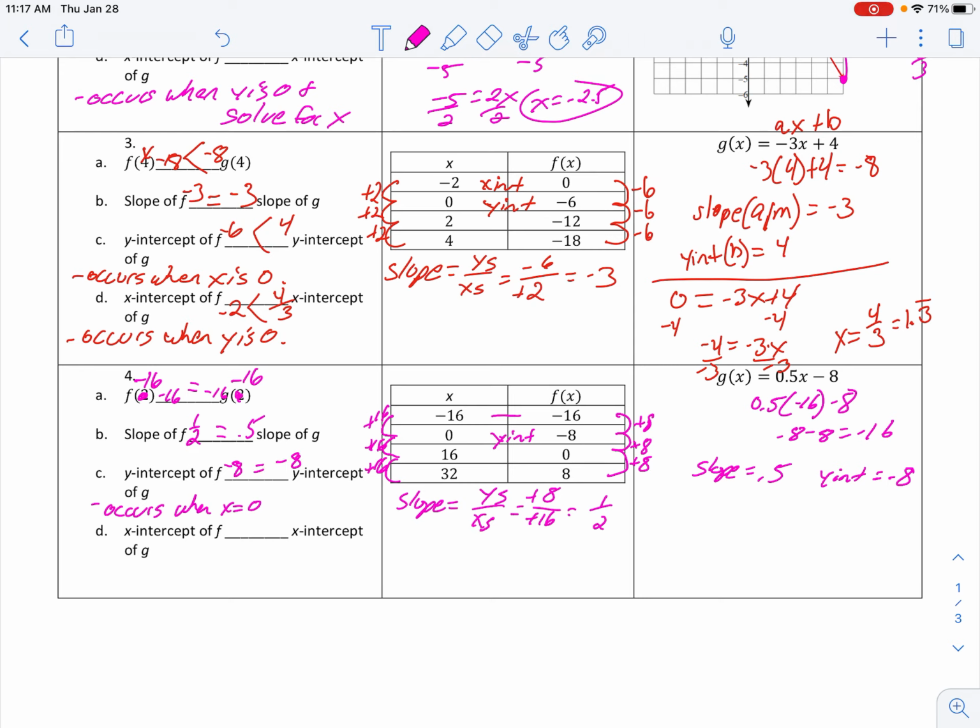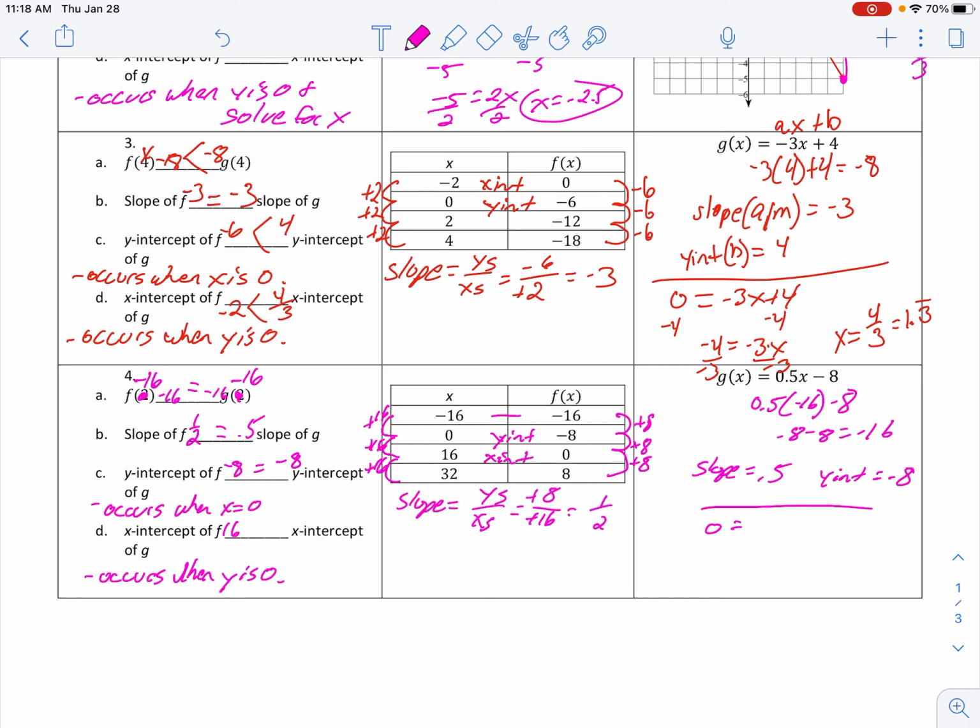And then lastly, the x-intercept occurs when y is 0. So I look at the y column and see when it's 0, and I see right there 16 comma 0 is my x-intercept. So 16 compared to, let's do the x-intercept.